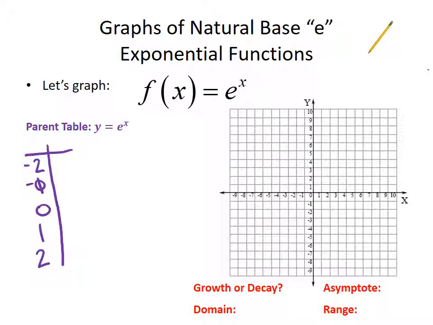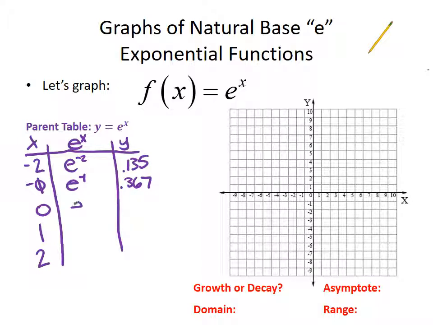To find out what my y value would be, you will definitely need a calculator, and you're going to have to plug in e to the x. If I plug in e to the negative 2, I end up with approximately 0.135. If I plug in e to the negative 1, I get approximately 0.367. e to the 0 follows the same rules.